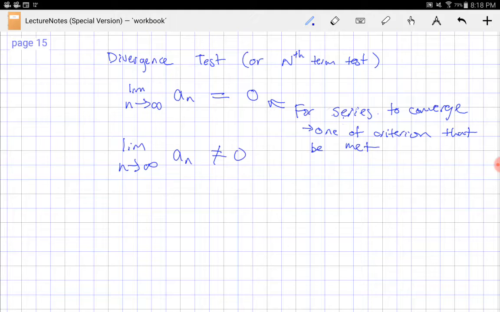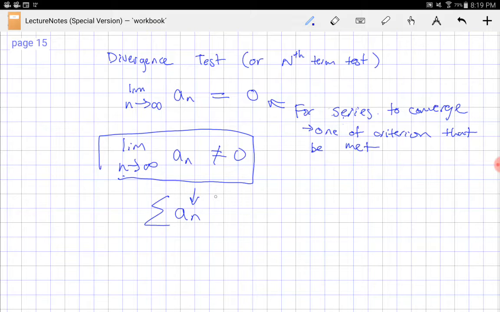Conversely, what we do know then is that if the limit of the sequence of your numbers doesn't go to 0, then you're going to be adding some finite number to your series infinitely. And so for that reason, if this condition is met, then we know that the series will diverge.